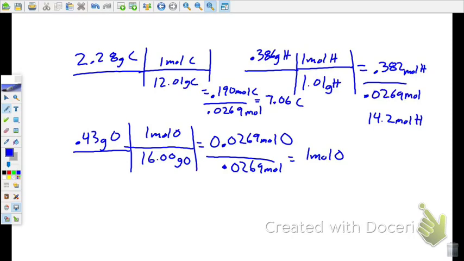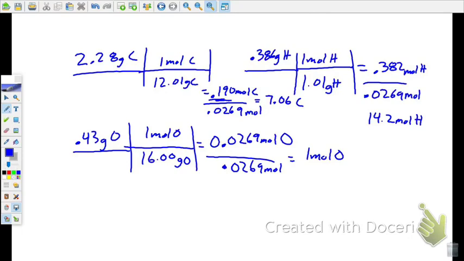Because we know carbon is 7.06. That rounds down to 7. We know that there's not much difference if we double the carbon. Hydrogen is one of those that could be a little bit off, because when we round, it could cause a little bit bigger difference in our moles of hydrogen.